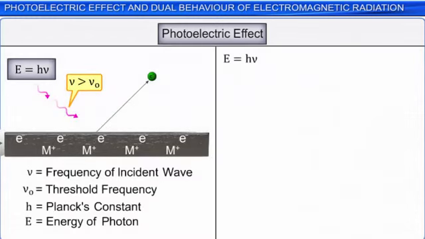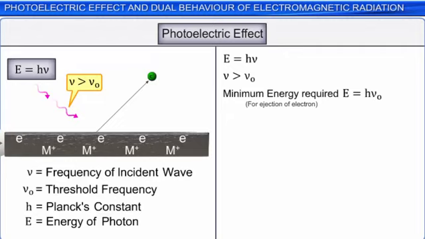Let us assume that the frequency of the photon of incident light nu is greater than the threshold frequency nu-0. In other words, the striking photon has energy equal to h nu, and the minimum energy required to eject the electron is h nu 0.